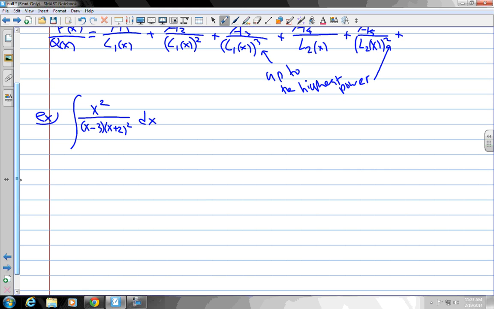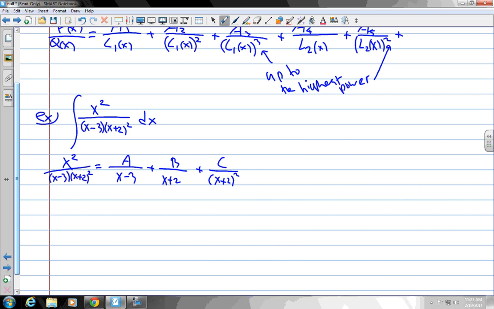So anyways, what we realize is that x squared over x minus 3 times x plus 2 squared is potentially this. You need x minus 3 in the denominator, so it's a over x minus 3. You need x plus 2 in the denominator, so it's b over x plus 2. But you also need some other constant over x plus 2 squared.